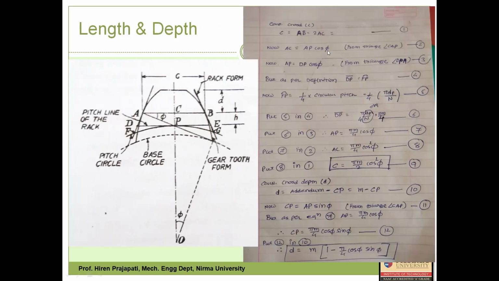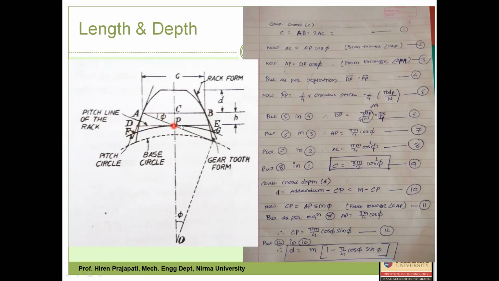So if you look here, this constant chord value C, in this diagram, the line AB is the constant chord. Now consider line AP, where P is the pitch point; line AP is inclined to the constant chord line AB at angle phi. Now line DE is the pitch line of the rack which is passing through the pitch point.